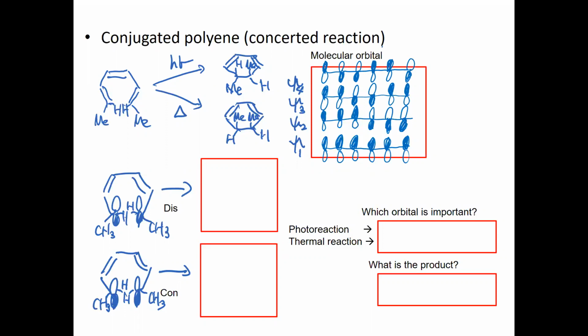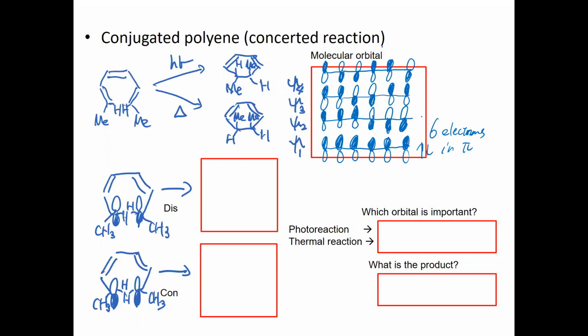And I showed you 4 orbitals from the lowest energy because now we are thinking about 3 double bonds, meaning that we have 6 electrons in the pi orbitals. In each molecular orbital you can have 2 electrons.